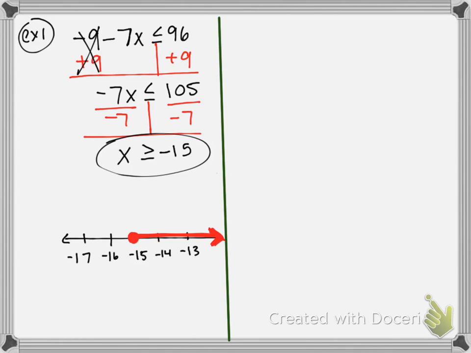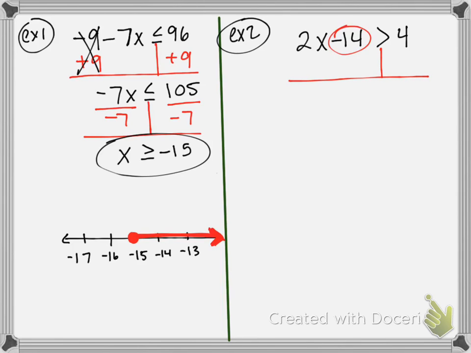That's our first example. Our second example, let's go ahead and do 2x minus 14 is greater than 4. Our first step to get the x by itself is to get rid of this negative 14 by adding 14.